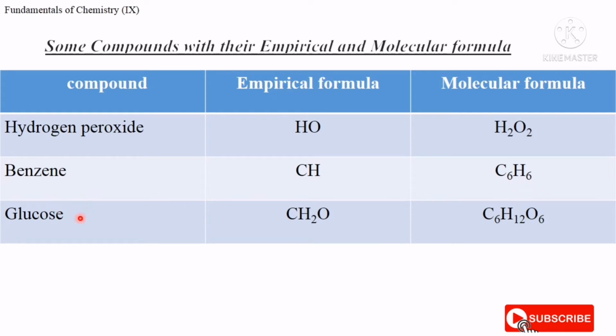In the same way, glucose has the empirical formula CH2O, which means the ratio of carbon, hydrogen and oxygen in glucose is 1:2:1, whereas the actual number ratio is shown by the molecular formula C6H12O6.